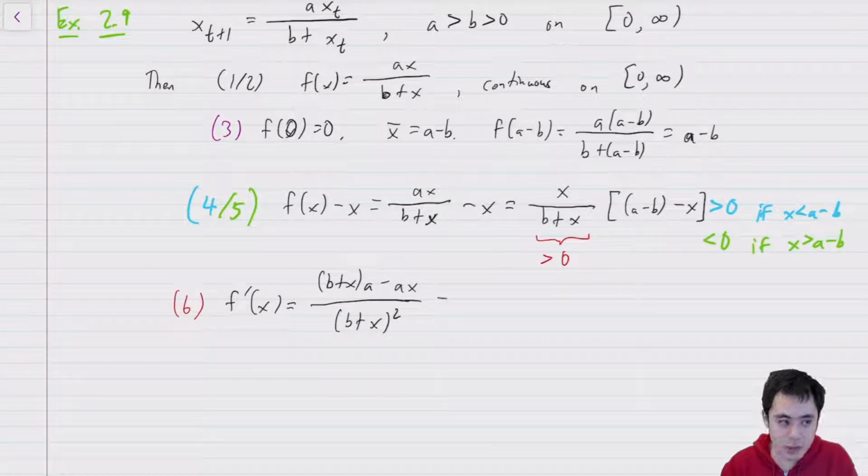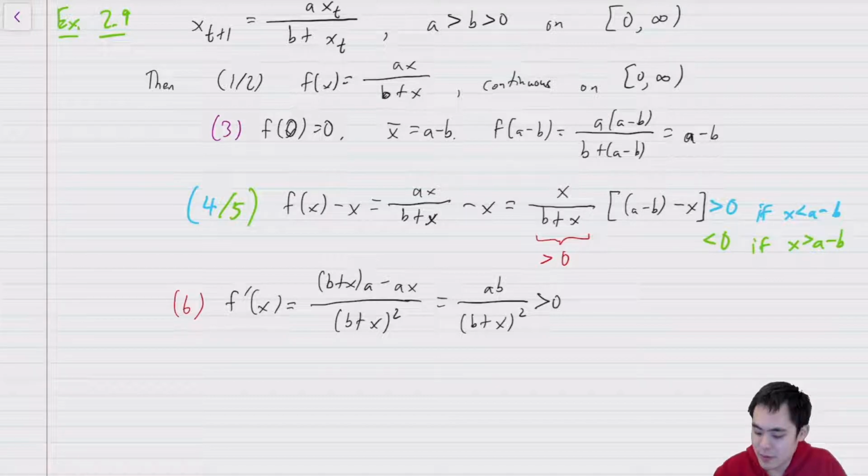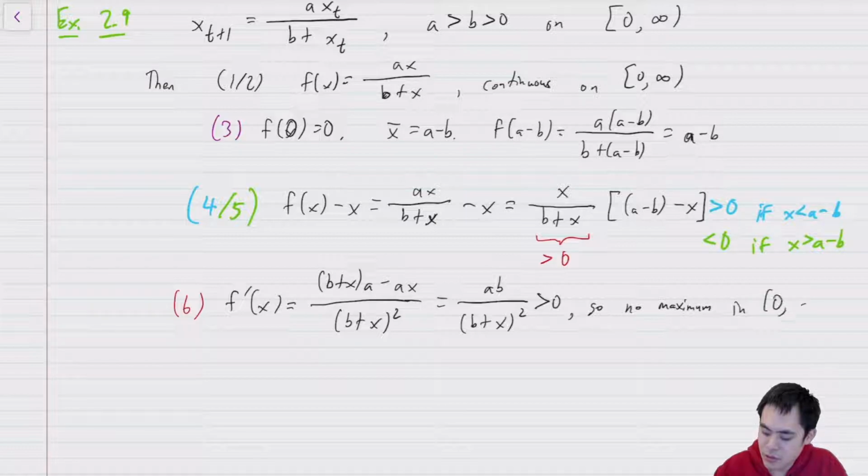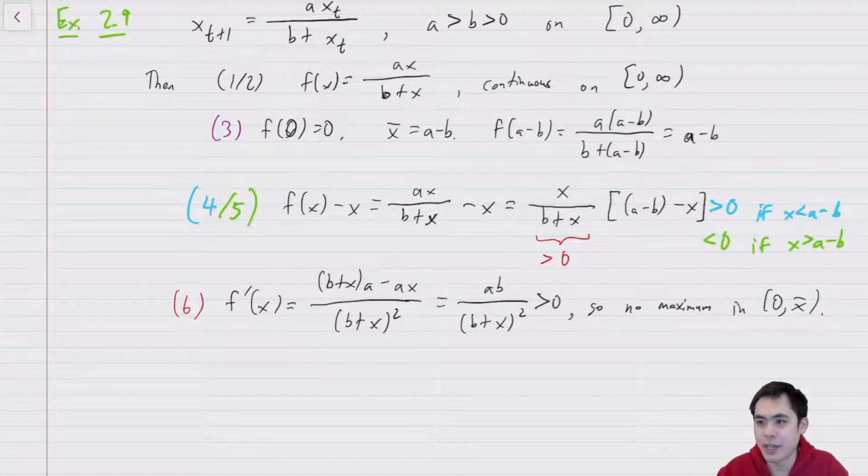And with a little bit of work, this is equal to ab over (b plus x) squared, which is greater than 0. And this is strictly true because a and b are both positive, and (b plus x) squared is also positive. So no maximum in this interval 0 to x bar, because things are always getting bigger, and so there's no maximum.